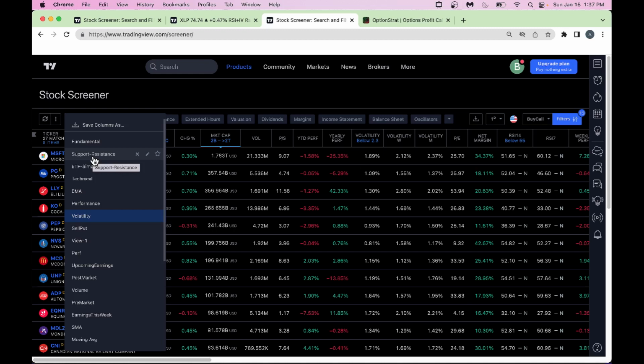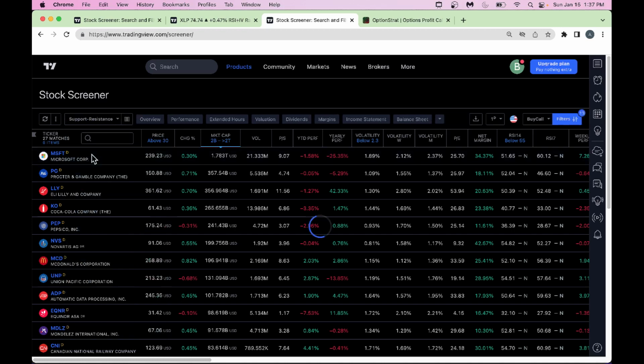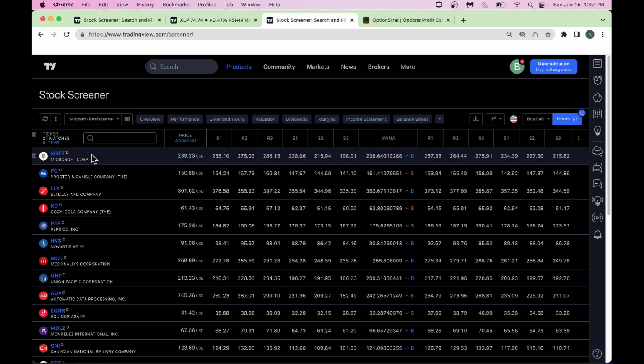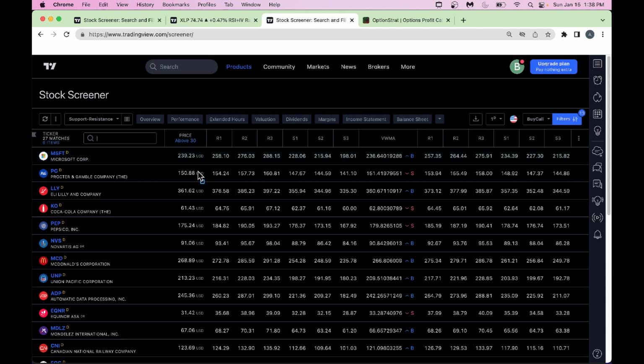It's very hard to make sense out of it. So that's why we got this support resistance here. This is very important for you, especially to understand what support or resistance level, what strike price I should buy my call option. Look, in this view here, I got a few things.